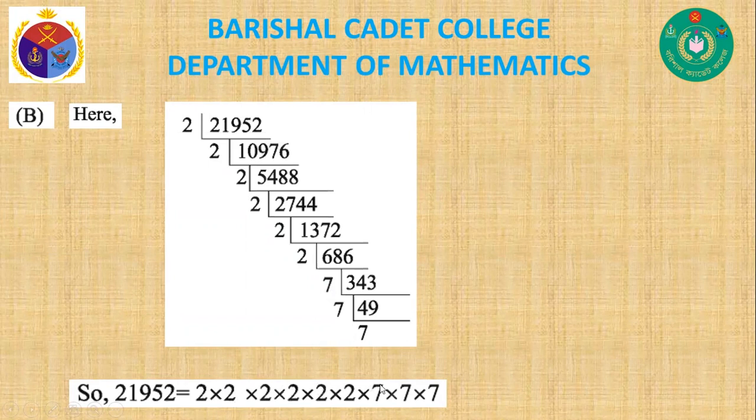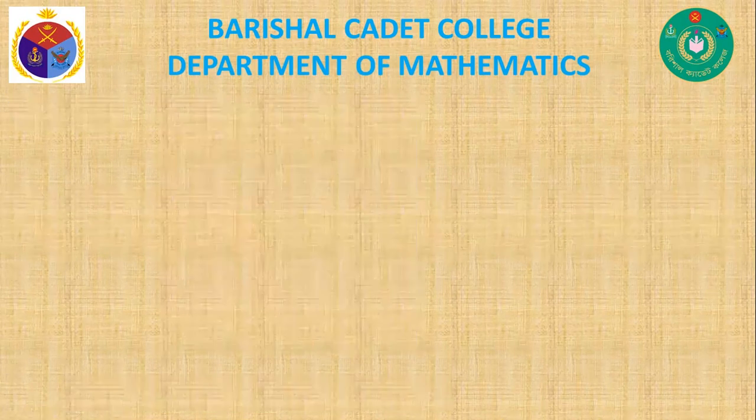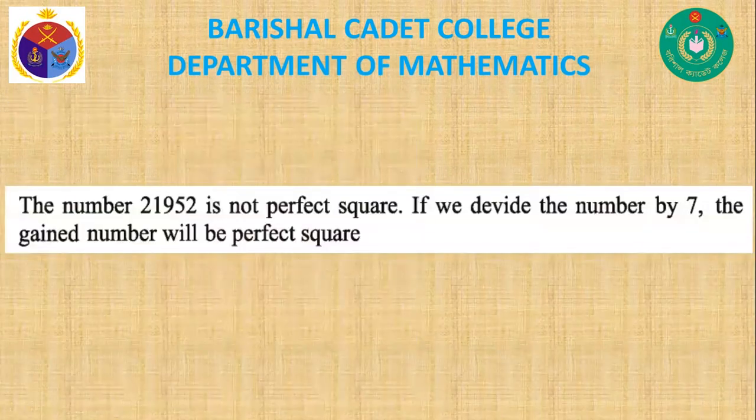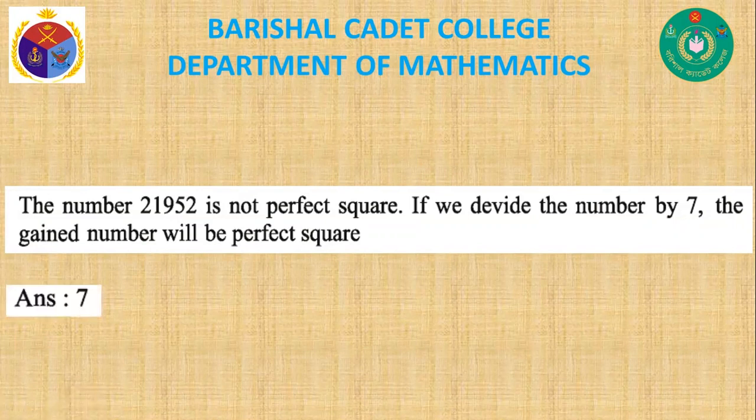This one is another pair. This one is another pair. But this 7 is single. It will be a perfect square number if this 7 has a pair. So we have to divide this number by 7. So the result is 7.